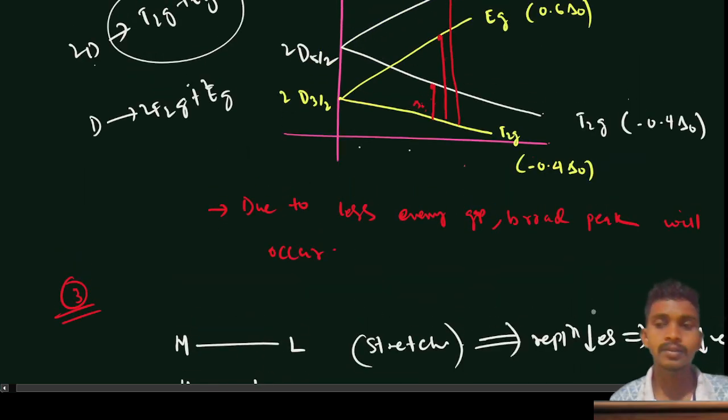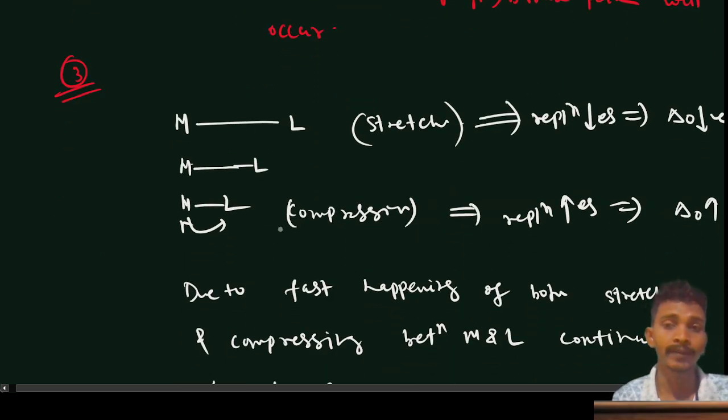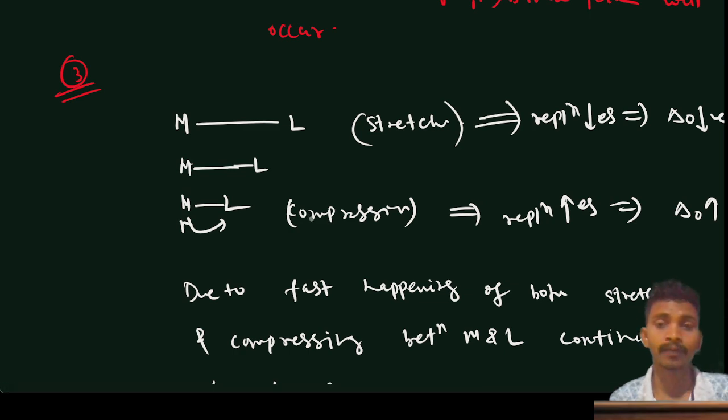So these are the reasons why we will not get a single peak, but we will observe a broad peak in the spectroscopic signals.